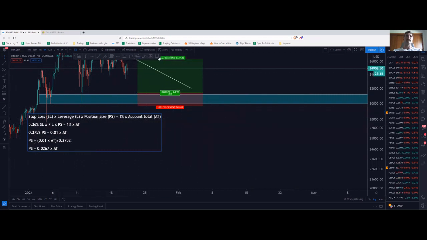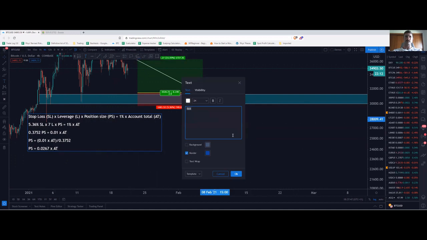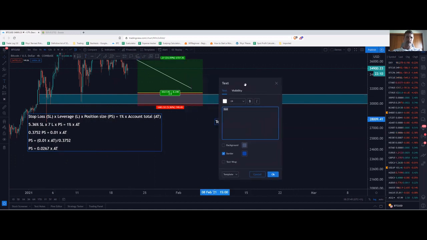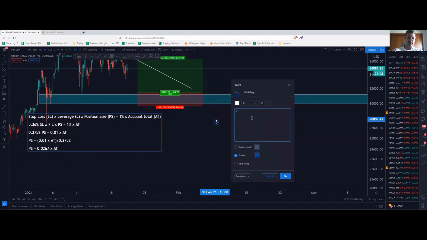Now we can come here and double check the maths. Let's just say we have a $1,000 account total. Then we know we want 1% risk, so 1% times $1,000 is equal to $10, right?